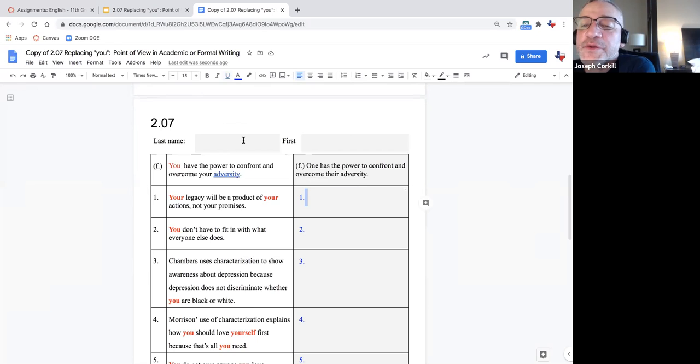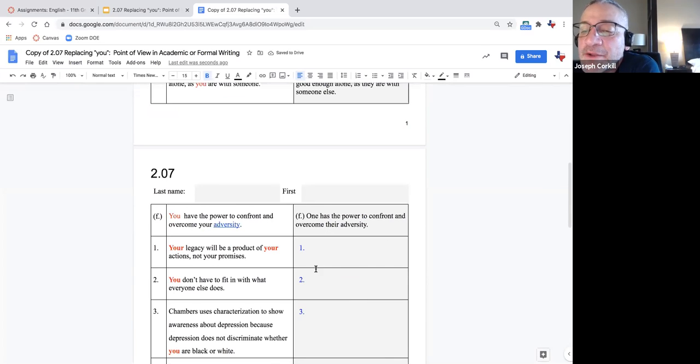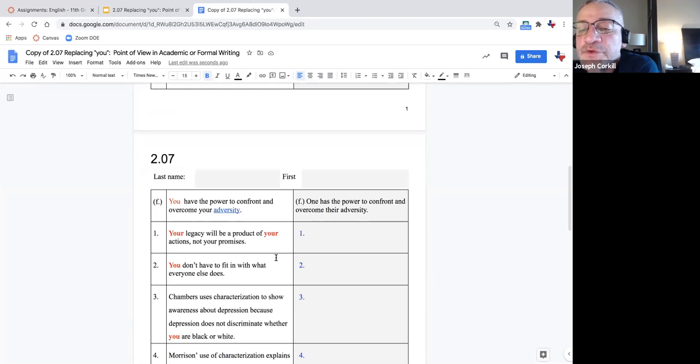Okay, so this is due on, today's the 2nd, therefore 11/04/2020. And tomorrow we'll get back to the writing. We'll start our next paragraph. So your assignment for the rest of the period will be to finish the sentences, switching the one on the left from second person to third person.